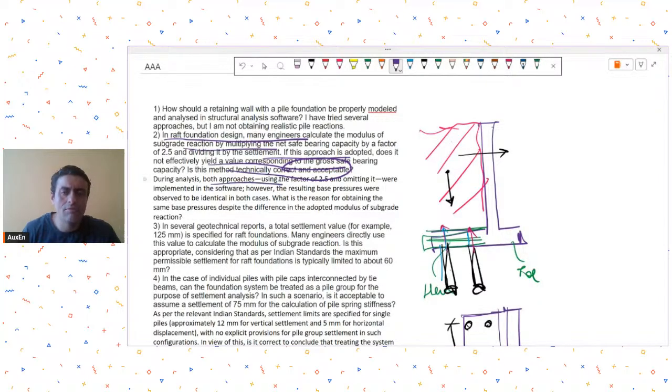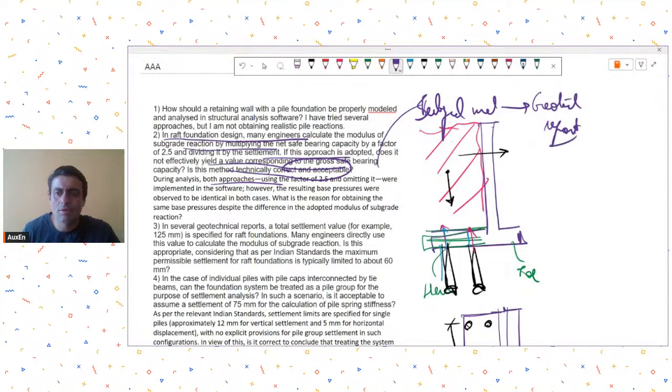See, technically your subgrade modulus should be given by your geotechnical report. The report should give you the subgrade modulus, because please understand that soil is not a perfect spring and not a linear spring.